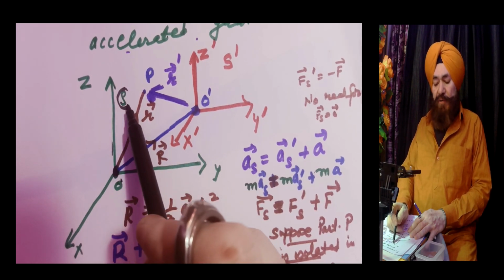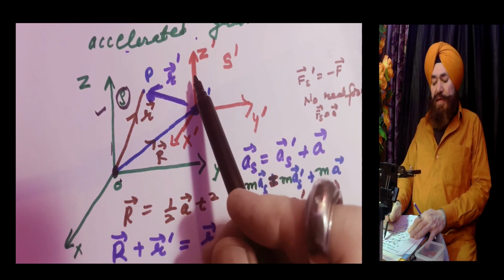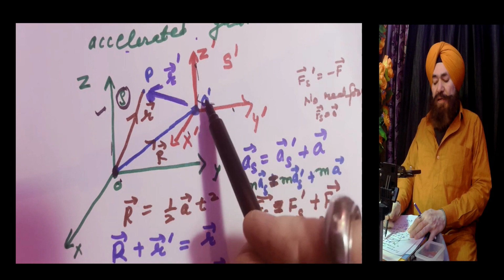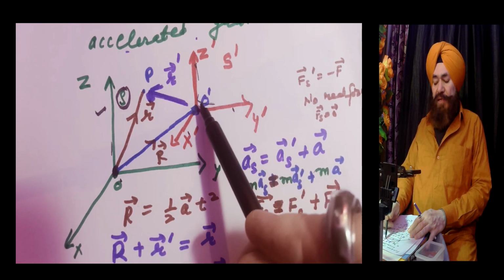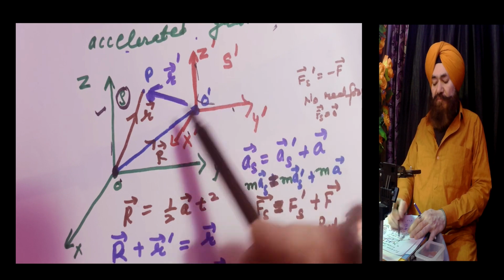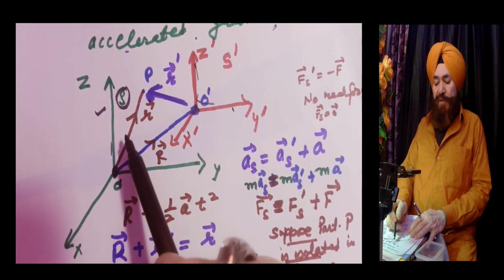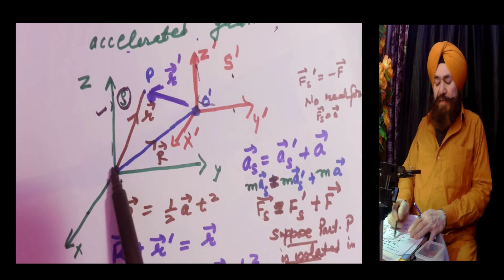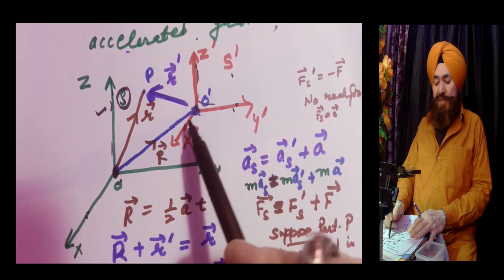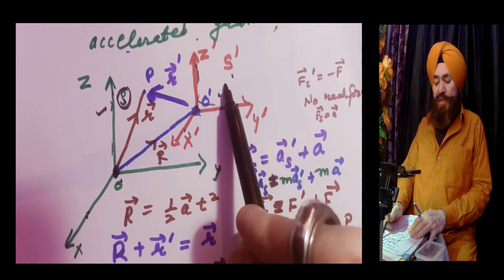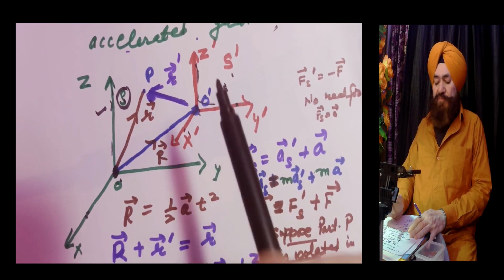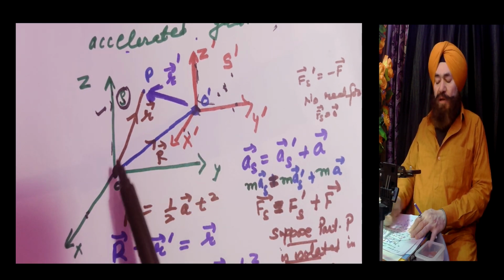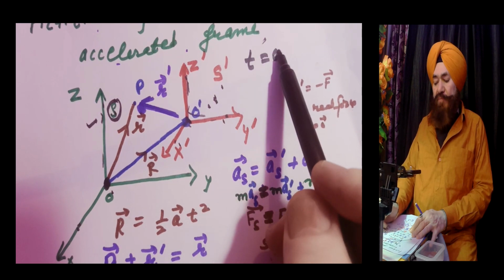This is the frame S. There is a second frame, the red one, x dash, y dash, z dash. It is accelerating with respect to the S frame. S is at rest, S dash is in motion, but that motion is accelerated motion.